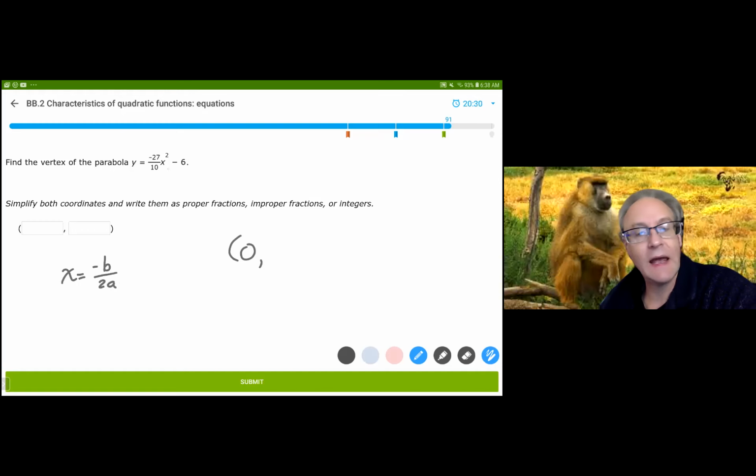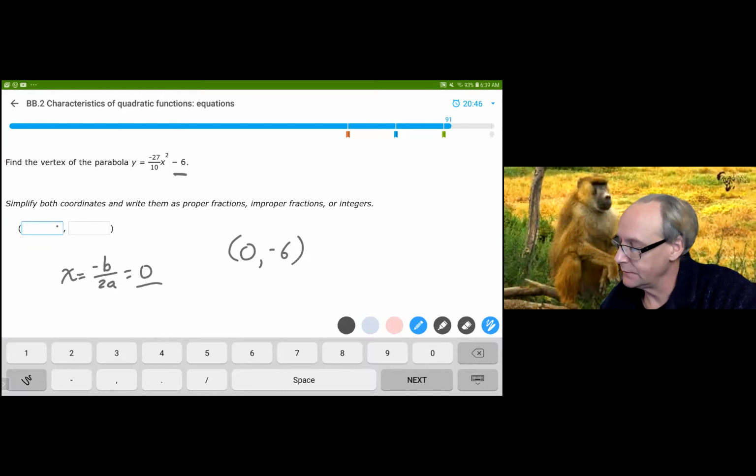We have no x term, so it means our b is 0. So my x is 0 for the vertex. And if I substitute a 0 in there, I get negative 6 for the y value. Notice the 0 squared is 0. And so we have our vertex at 0, negative 6.